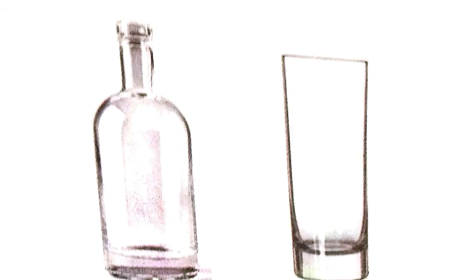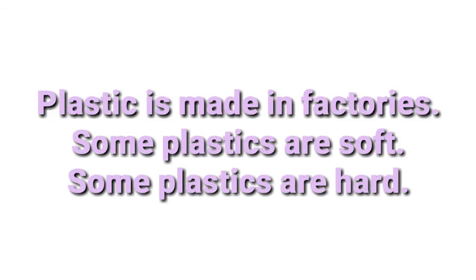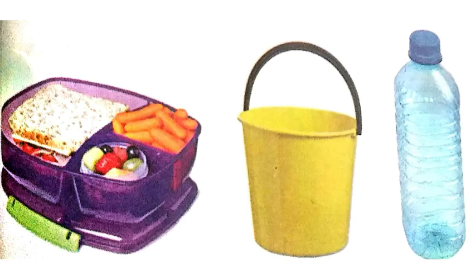Okay. Now next, plastic. Plastic is made in factories. Some plastics are soft. Some plastics are hard. Many things like lunch boxes, buckets, bottles are made of plastic. Here are many materials at your home that are made from plastic, and plastic is also made in the factory.